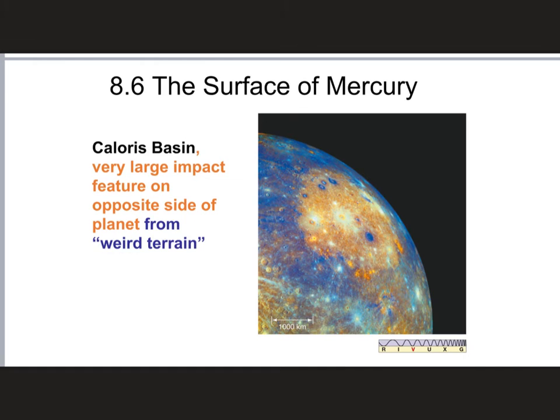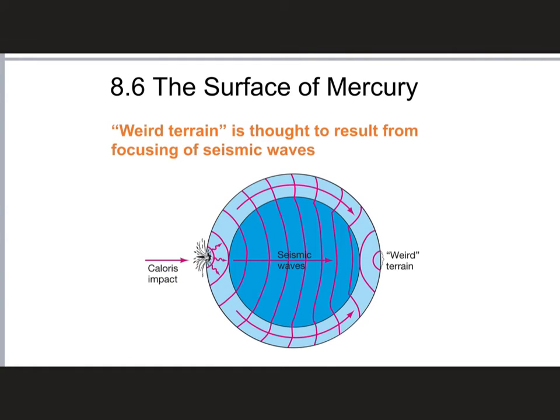Now, the two main surface features of Mercury are the Caloris Basin, which is a very, very huge impact crater, much bigger than Meteor Crater in Arizona. I mean, this thing is gigantic. And on the opposite side of the planet is this region called, and this is what it's really called, the Weird Terrain.